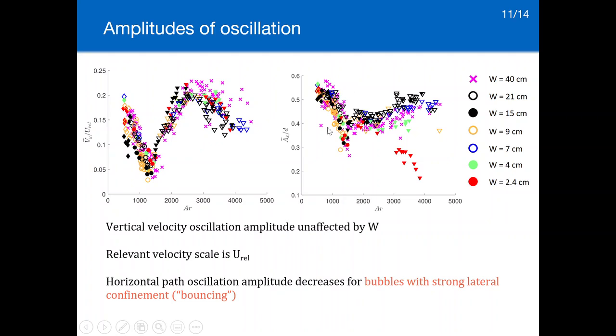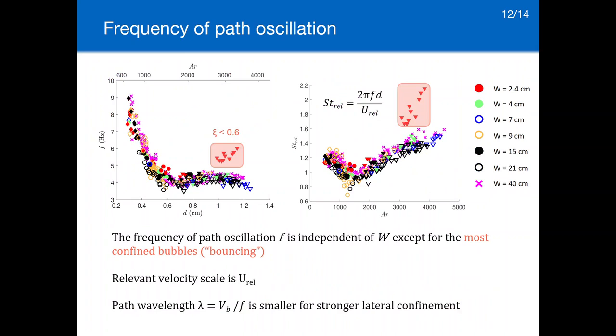And here we show the amplitude of path oscillation, and we see that the lateral confinement does not have a strong influence, except for those bubbles for which a bouncing effect can be observed. We say a bouncing effect because the presence of the lateral walls doesn't allow the bubble to have a larger amplitude, and it's like it bounces because of the lateral walls.